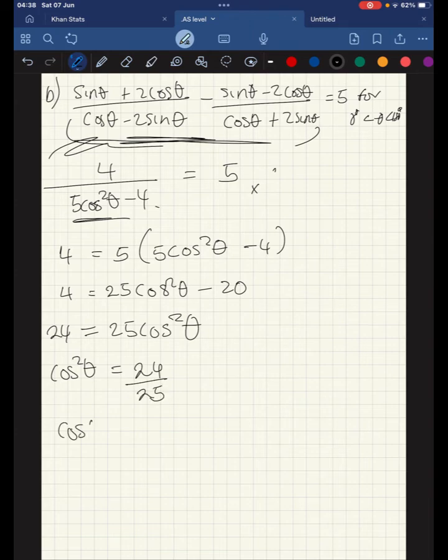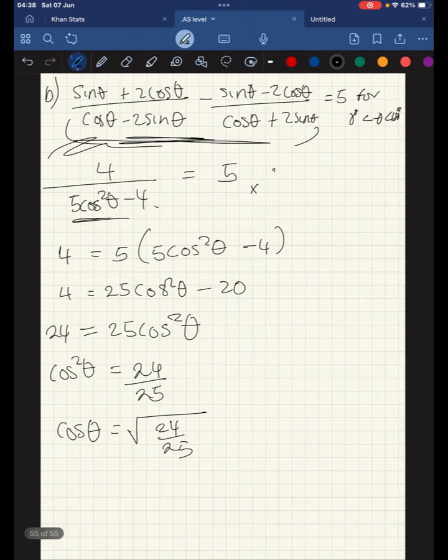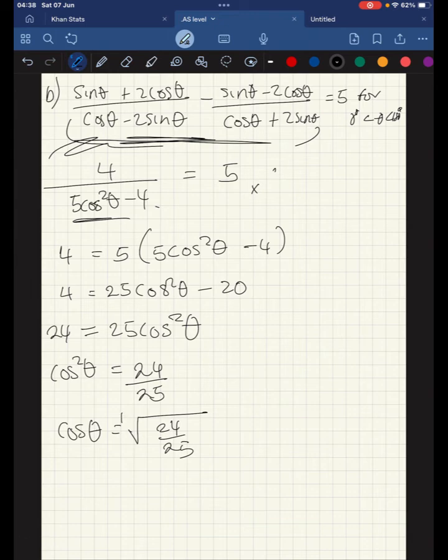Then 25 cos squared theta equals 24, and then we can say cos theta equals something. Since it's a square, it's a plus minus, right? And then we can also say theta is equal to plus minus cos inverse of that over 25.